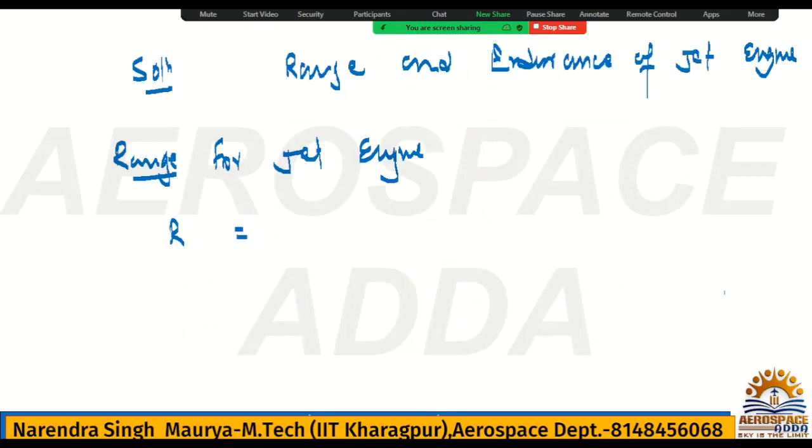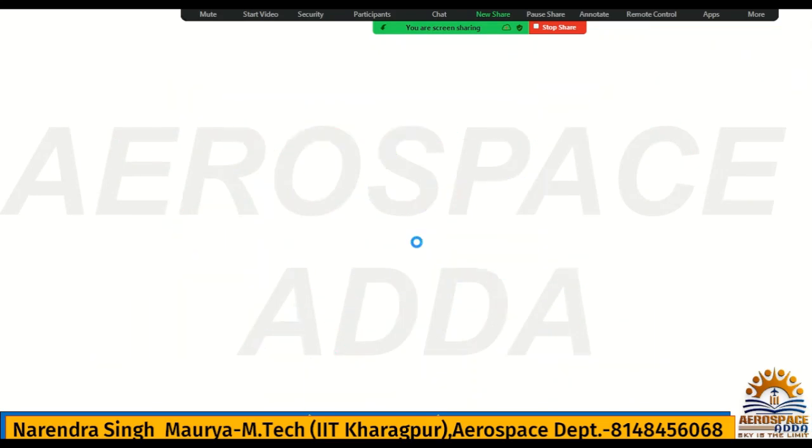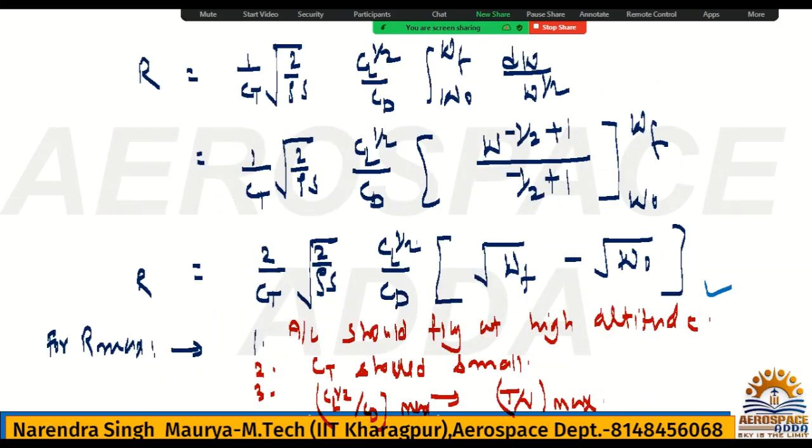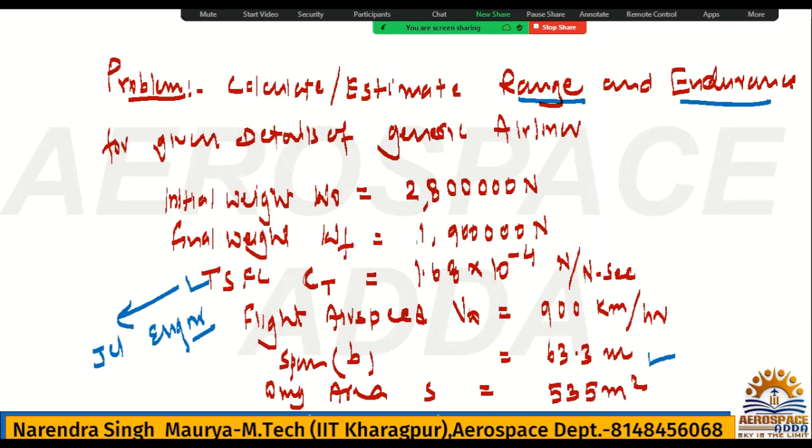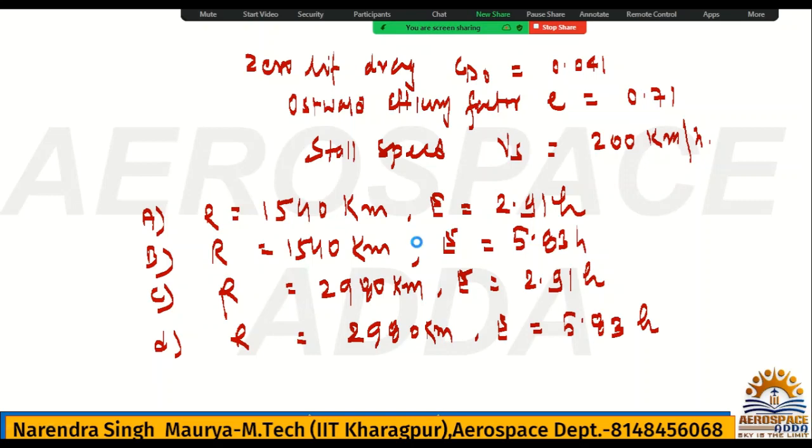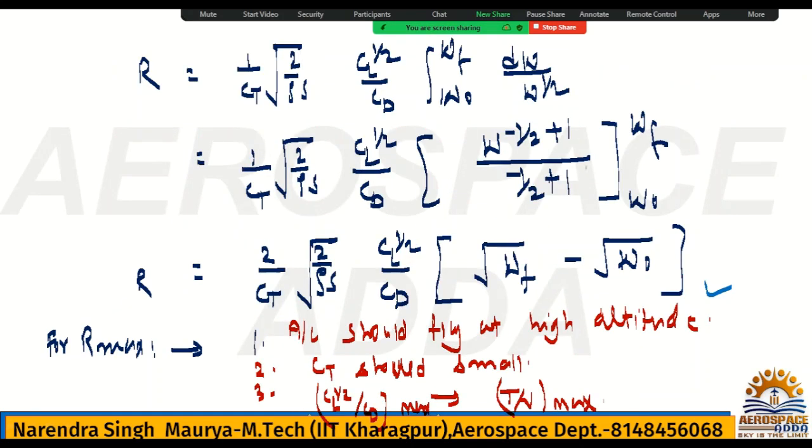Now to write: 2 upon CT, CL to the power 1 by 2 by CD, root 2 by rho S. Here, initial weight is always greater than final.